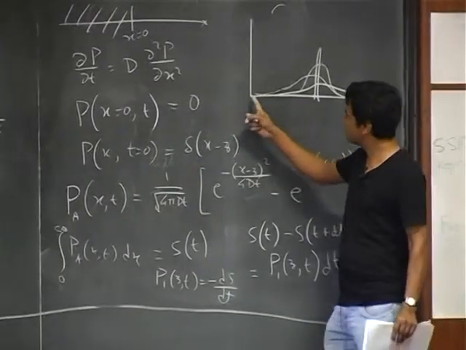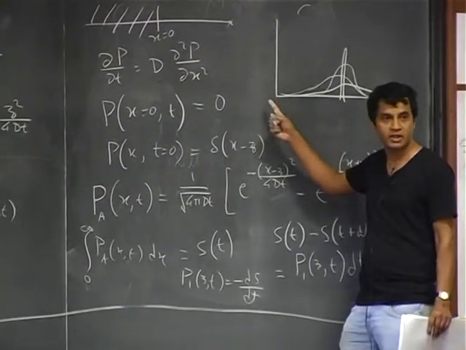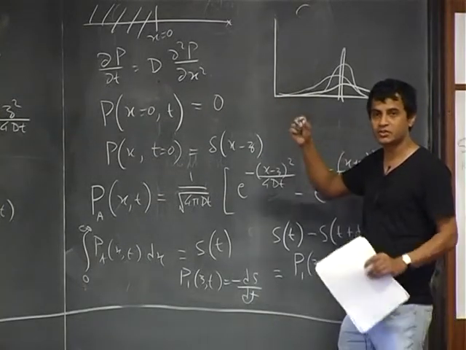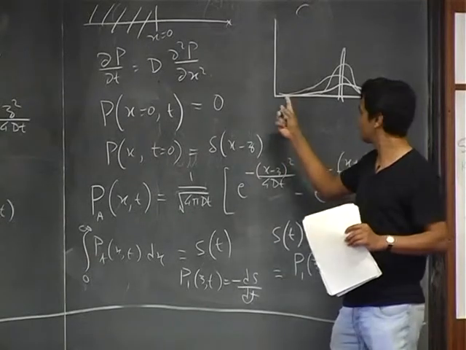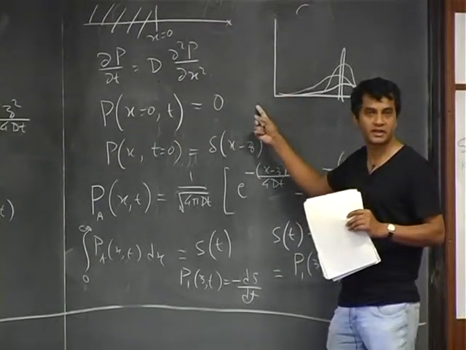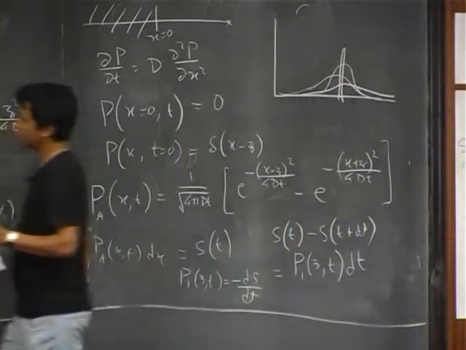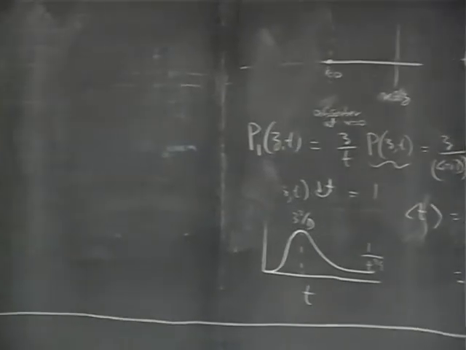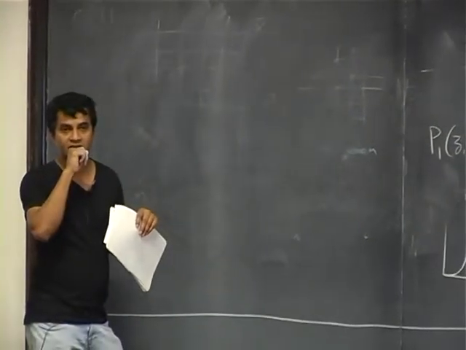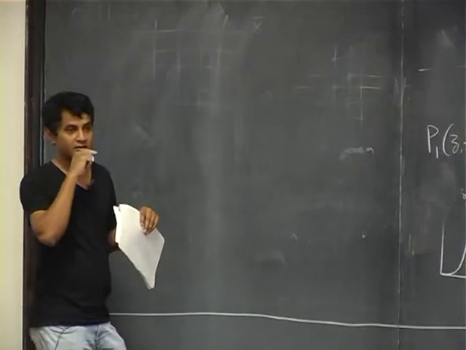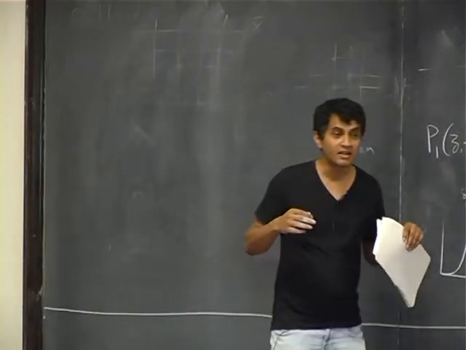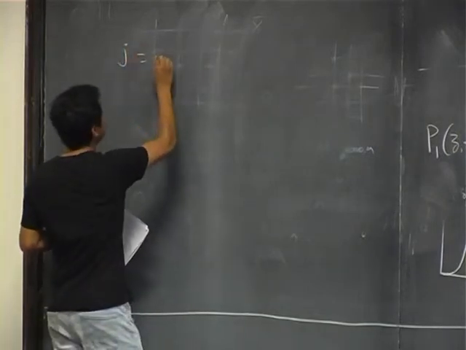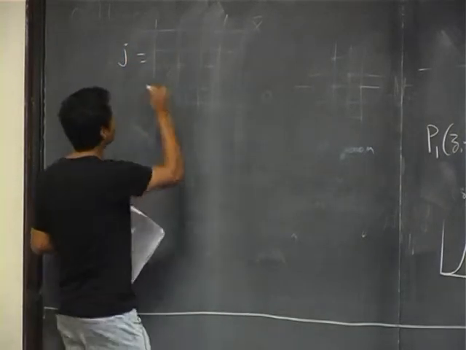Okay, so the other thing you can notice is that things are getting absorbed here. So there's a current here, right? If you calculate the current here, that basically tells you per unit time how many particles are getting absorbed here. So what is the current at that point? What is the particle flux at that point? It's D del P del x. The current we know is given by Fick's law, so Fick's law is still valid.